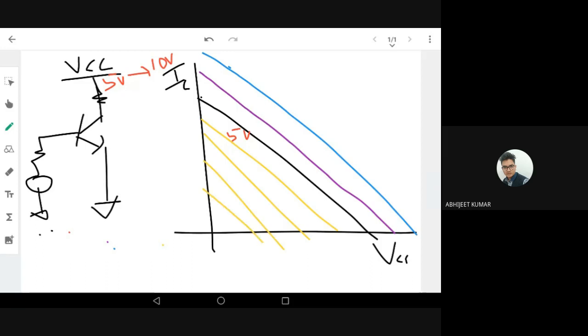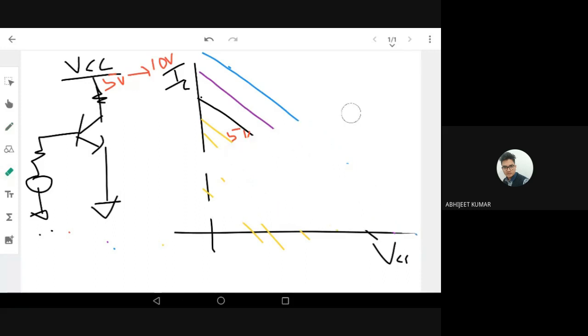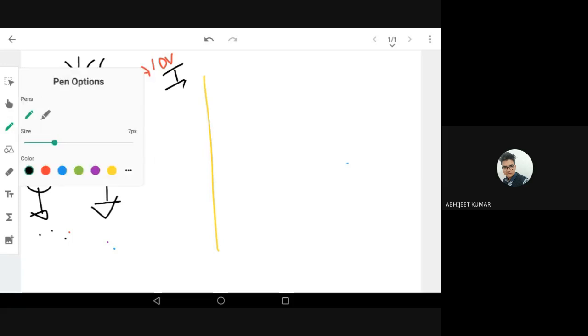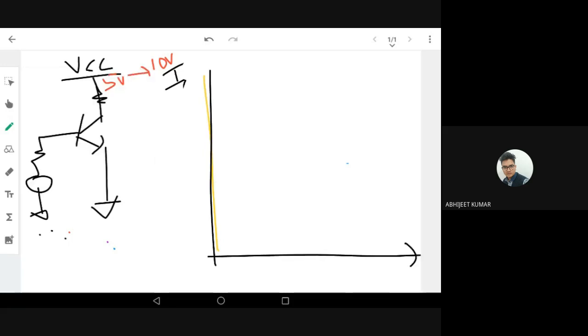Now the next question is what will be the change if I change only the resistance, not the VCC? What will change in the load line? So this is my output characteristic, IC versus VCE. Now I'm not changing the VCC, I'm changing the output resistance RC.